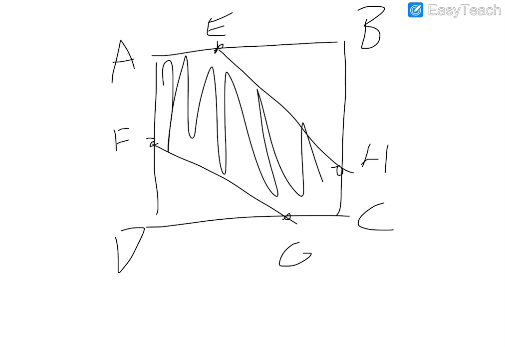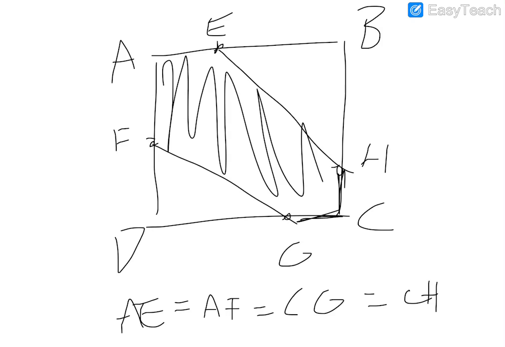Actually, let's say that despite my bad drawing skills, AE is equal to AF, which is equal to CG, which is equal to CH. So this and this are supposed to be equal. I'm just bad at drawing it. And let's also say that AB equals 5.